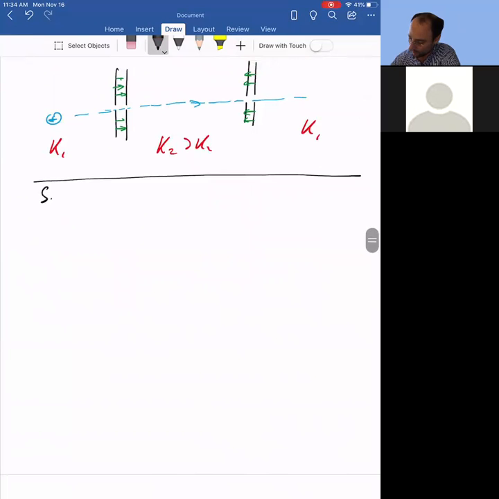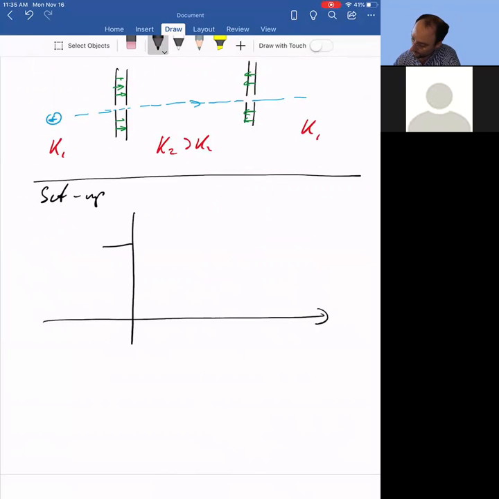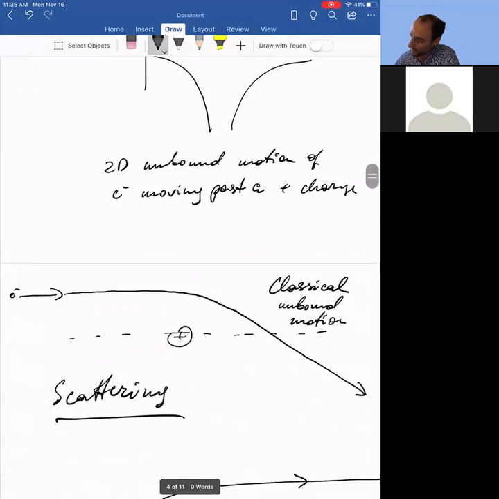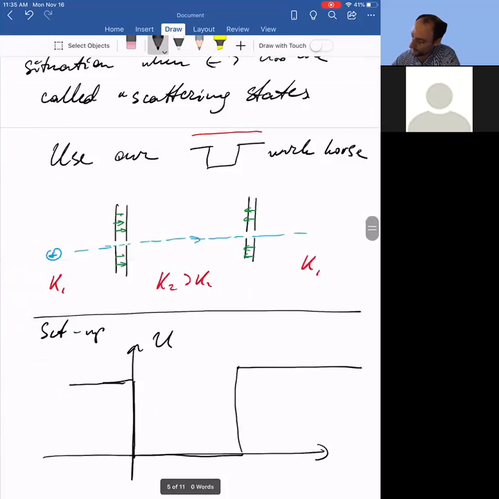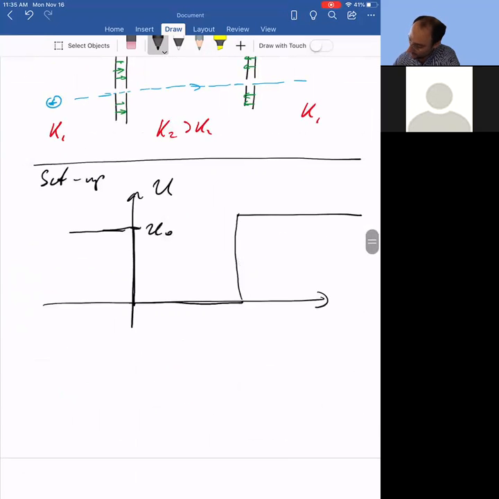Okay, so setup. Again, I have a potential energy. I'm going to use the same setup. Let's see, maybe I didn't draw this right. Yeah, no, I did this right. So this is called U naught, and this is X. Some books set it up differently.